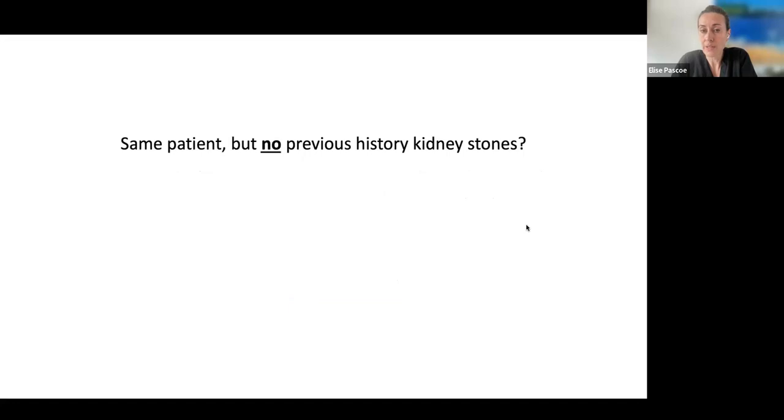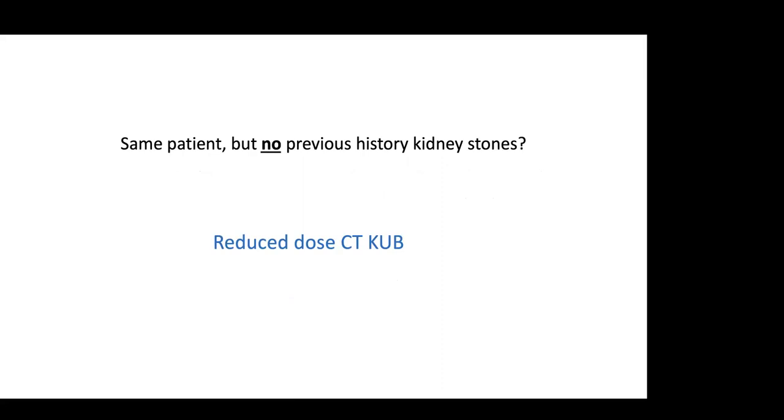Even if he had no previous history of kidney stones, so this is his first presentation, he's 55 years old, pain's getting better, at that stage, I think we would probably all then choose a CT KUB for this guy. Do you agree? Yeah, I would. Me too.